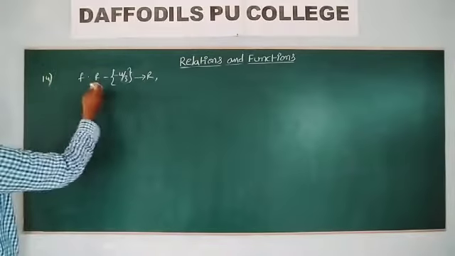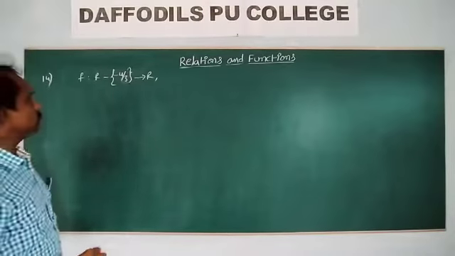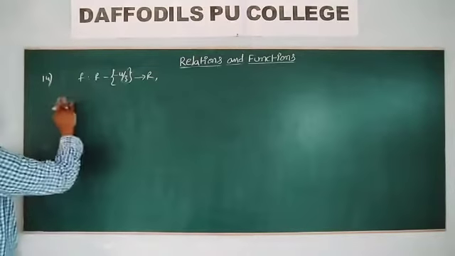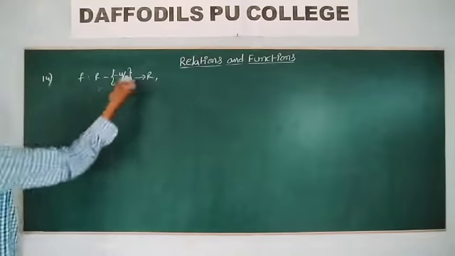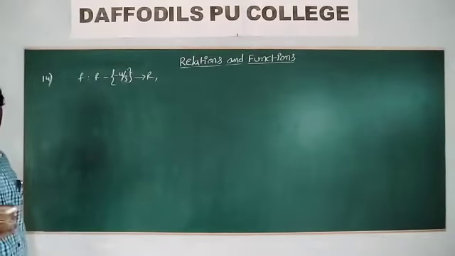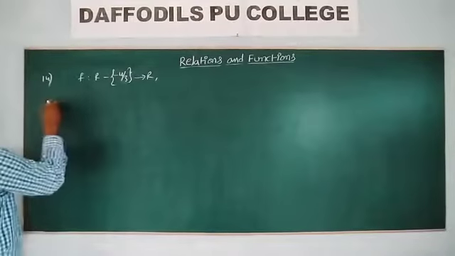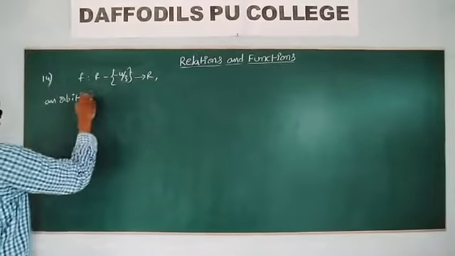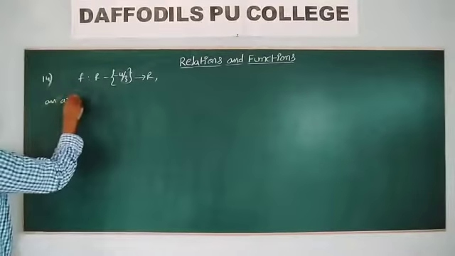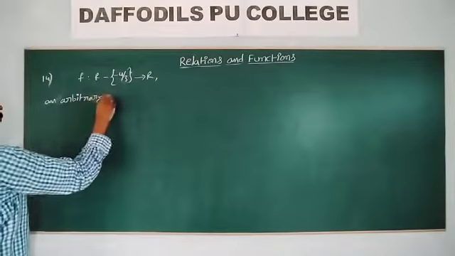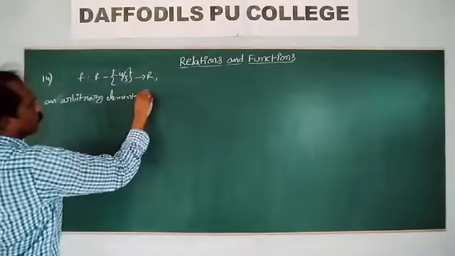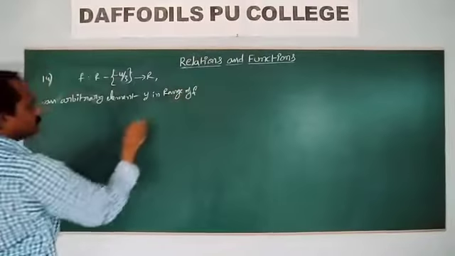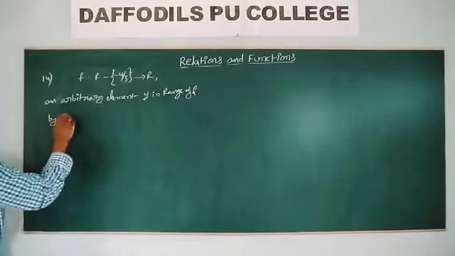Define the function from R minus 4 by 3 to R. By the definition, consider an arbitrary element y in the range of f.